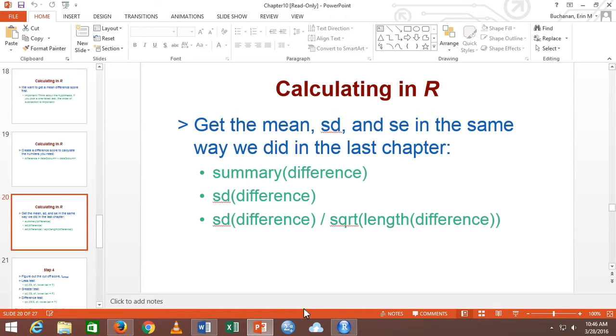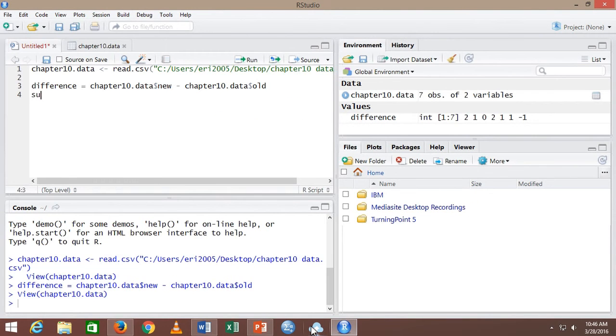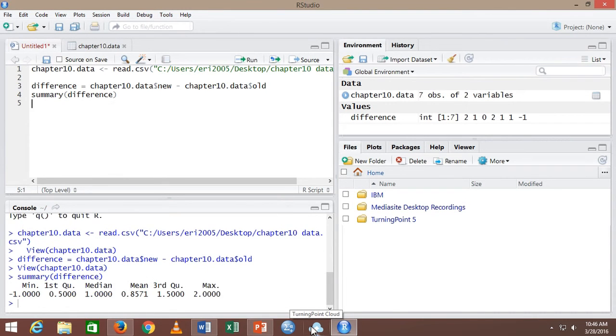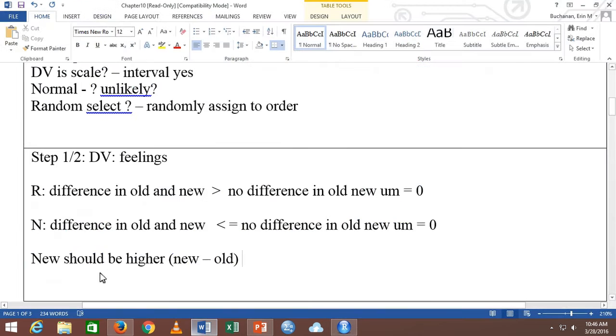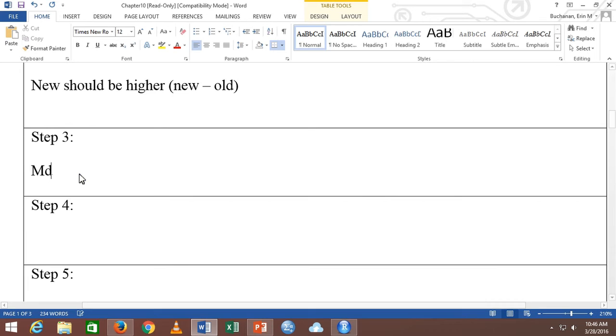Now you can apply everything we did last week to that set of scores. There's one extra step. To get the mean, we're going to do summary of the difference score we just made. So our sample mean is 0.86.